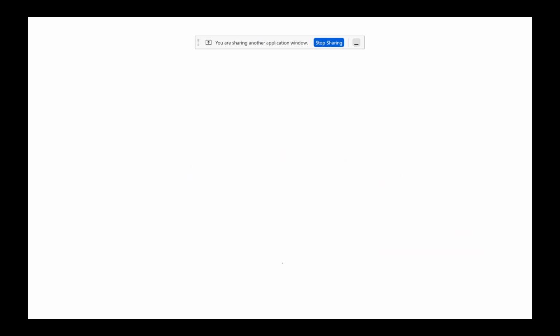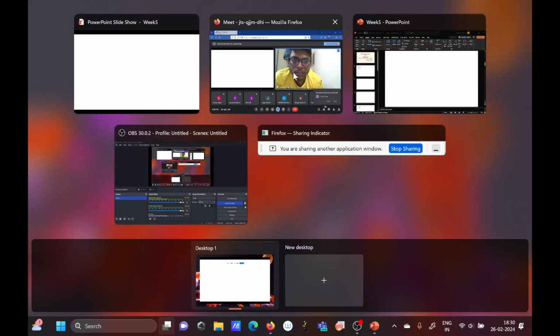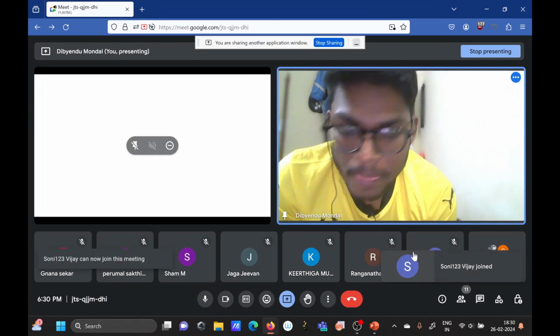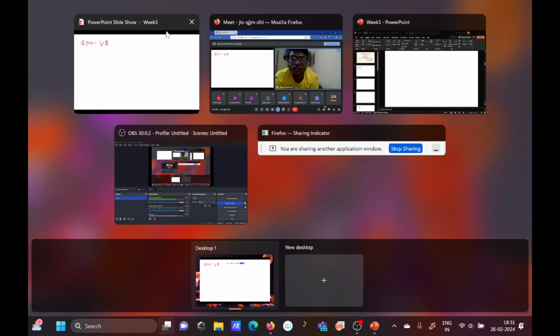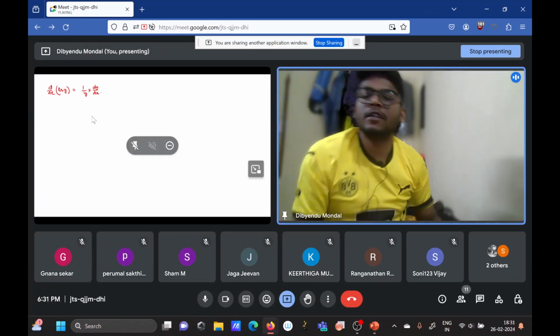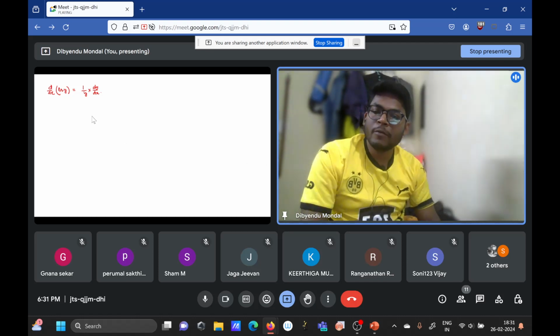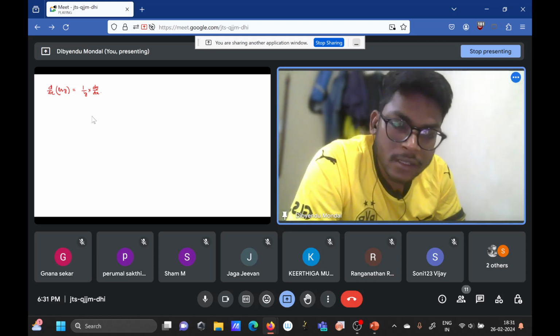Then what will be d/dx of ln y? It will be 1 by y times dy/dx. Any problem with this? d/dx of ln y is equal to 1 by y times dy/dx, right?